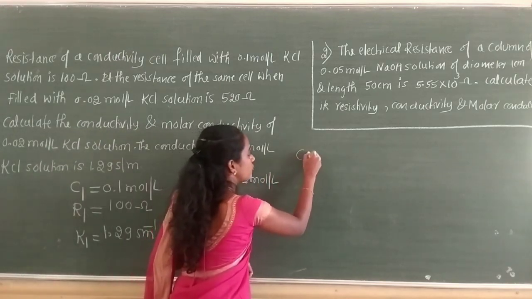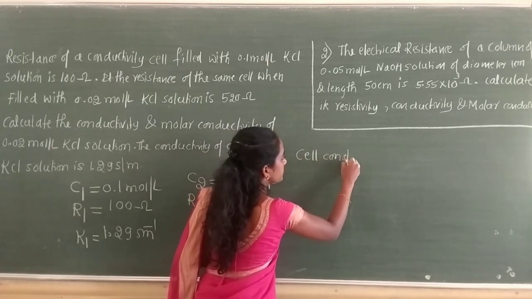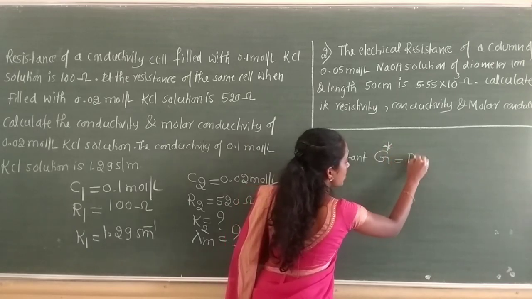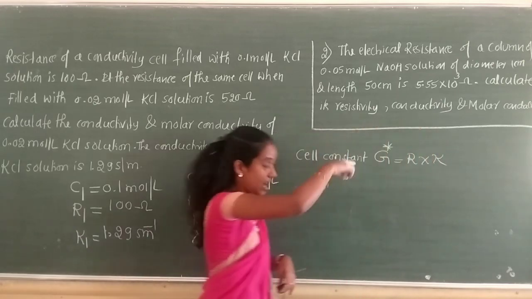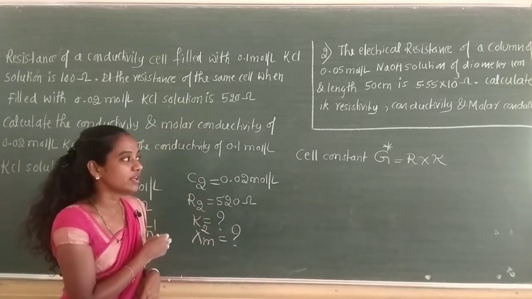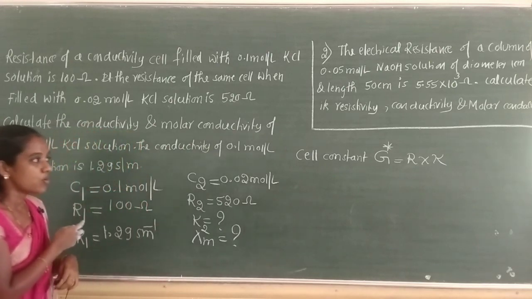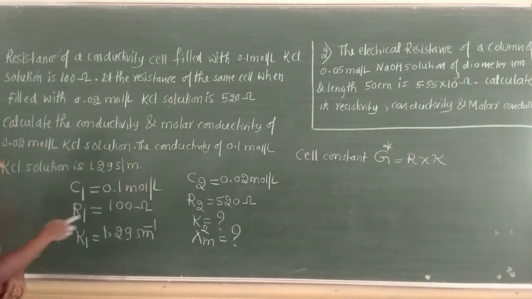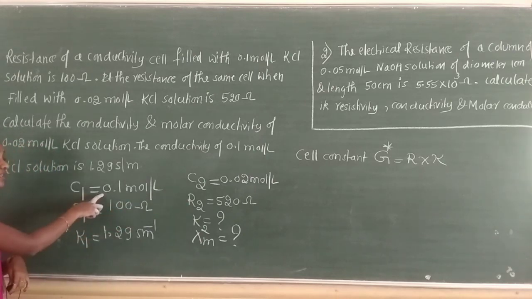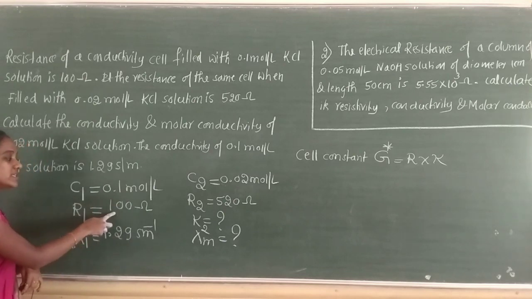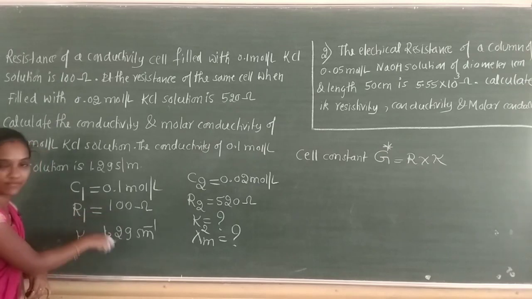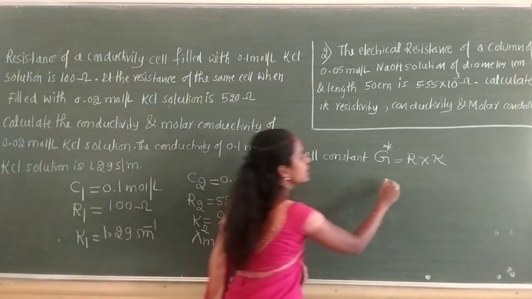So, what is the formula? Cell constant, denoted by the symbol G star, is equal to resistance R into conductivity K. Now, we have two resistance values, and we have the conductivity of the first solution, so let us calculate the cell constant.